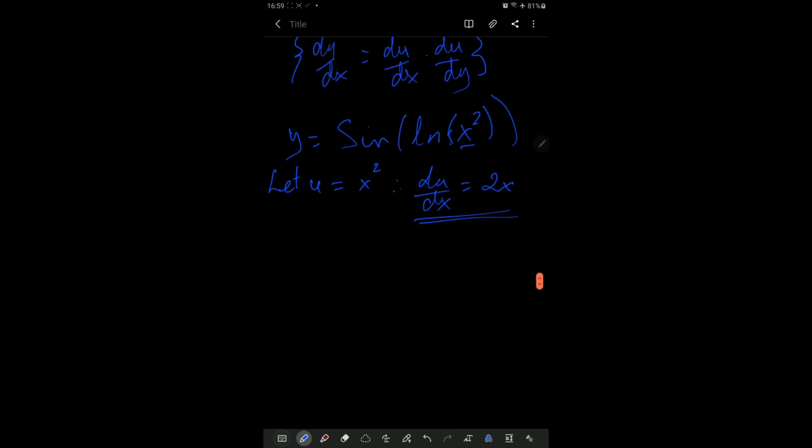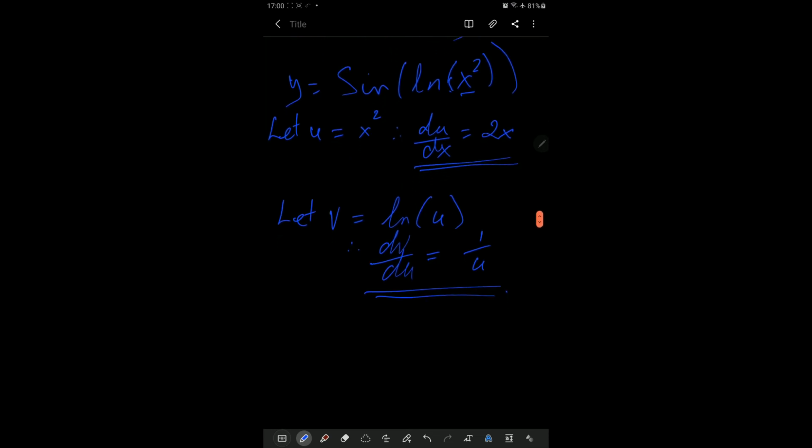Then we can say let v equal ln of u, because we've assigned u already to be x squared. So that means dv du equals 1 on u. So remember this here.